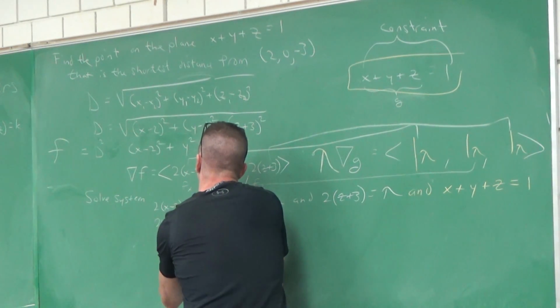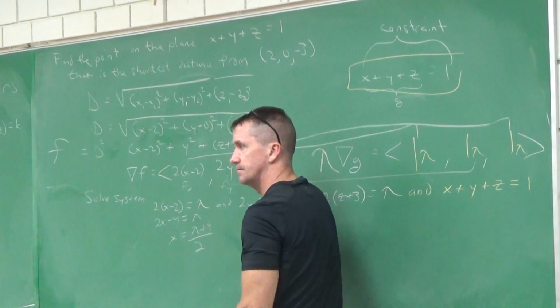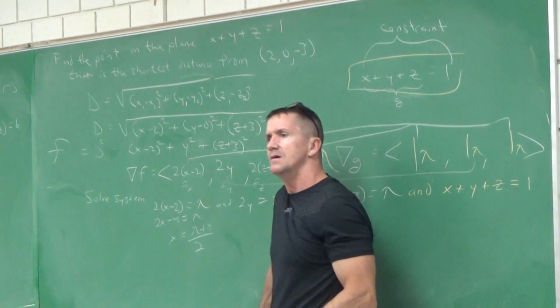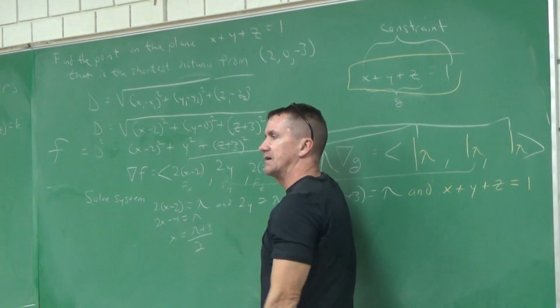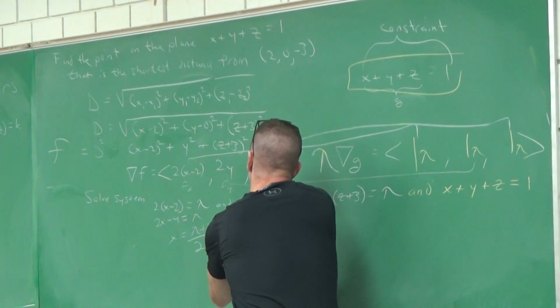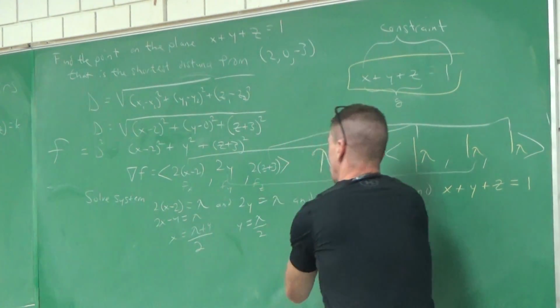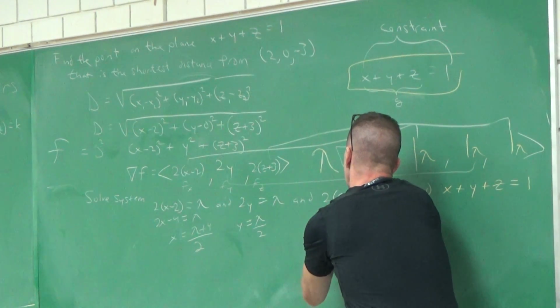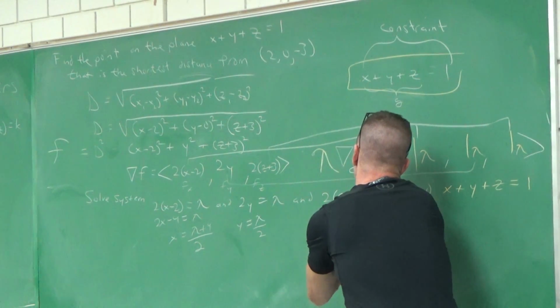Lambda plus 4 over 2. Did I do it right? Yeah. Thank you. What's y equal to? Lambda over 2. Alright, what's z equal to? I gotta distribute this first. 2z plus 6 equals lambda.